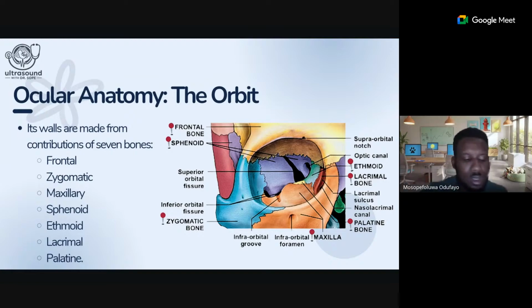It also plays some other functions, which we will not be talking about today. And then we can see the lacrimal bone in red, and the palatine bone in yellow here. So all of these contribute to the orbit.